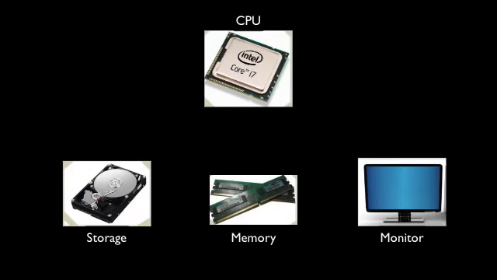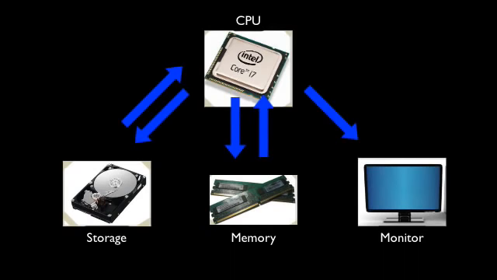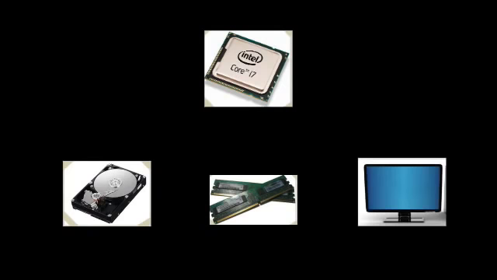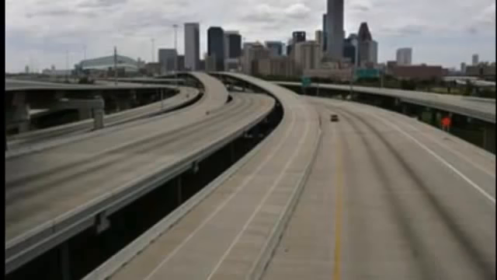How is the data transferred from the CPU to memory and back to the CPU or to other devices? Let's look at 2 ways to transfer the data: a dedicated connection and a shared connection. To better understand the differences between the 2 methods, consider a hypothetical world in which each employee has a private road paved from his or her house directly to the office building where they work.